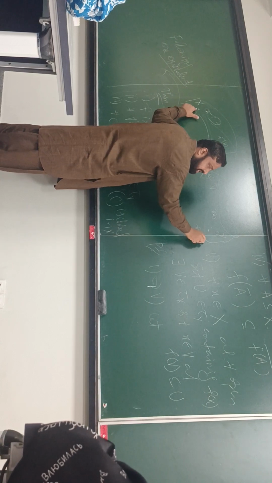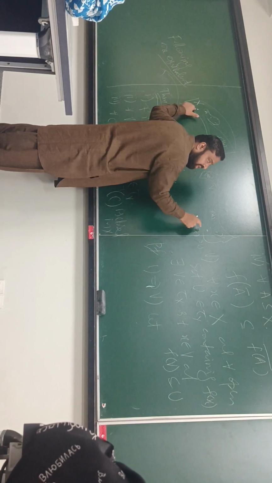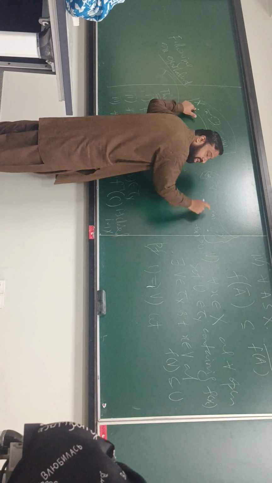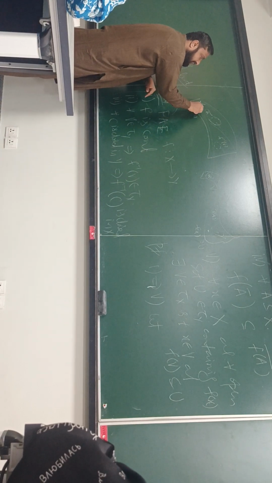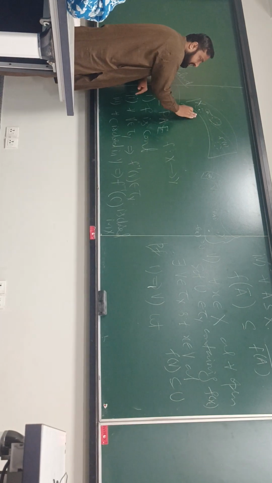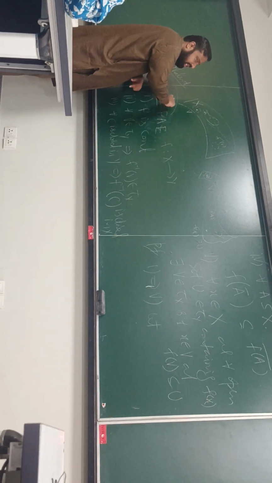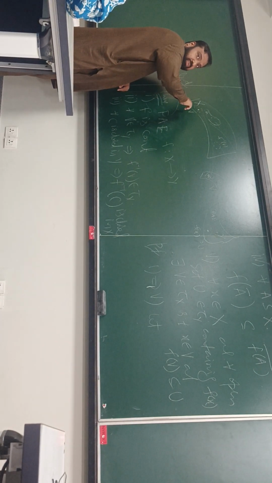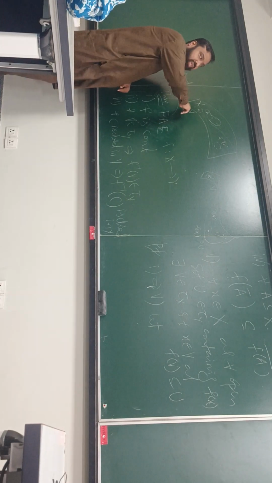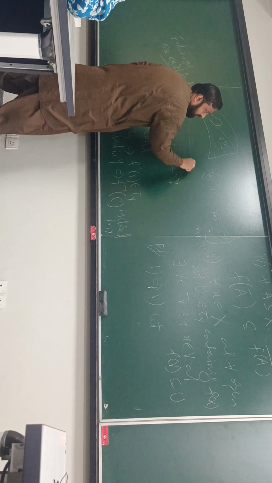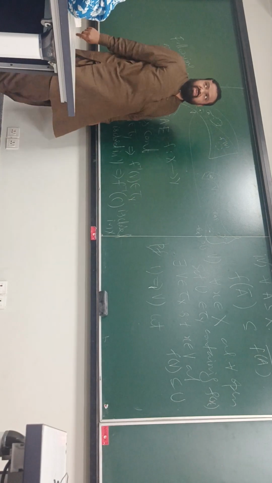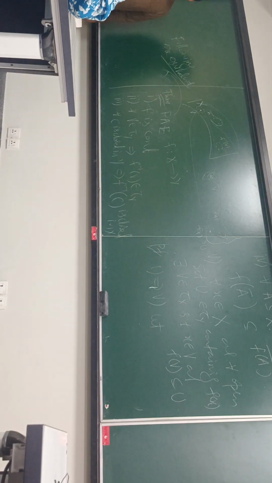Let's say this neighborhood is U. For this neighborhood, I can find a neighborhood of x, let's call it V, such that if you apply f onto V, all the images are going to fall inside U.